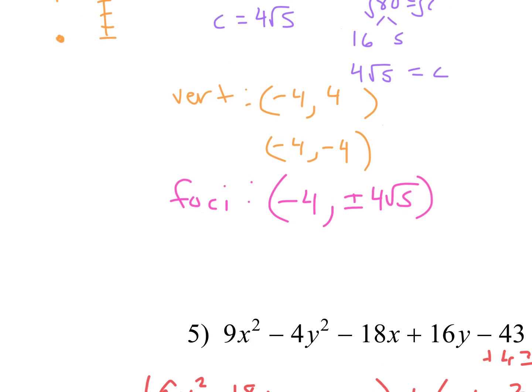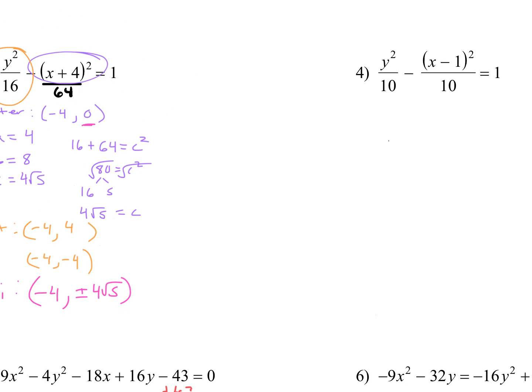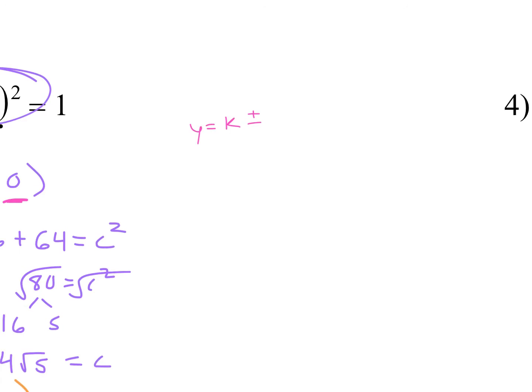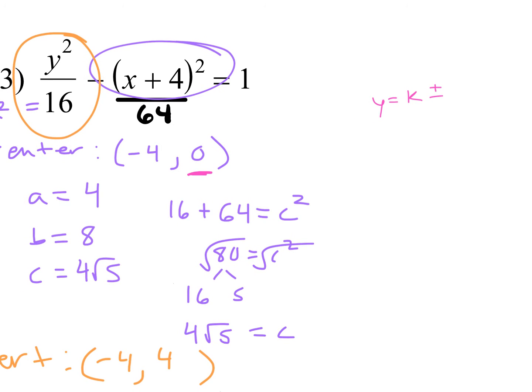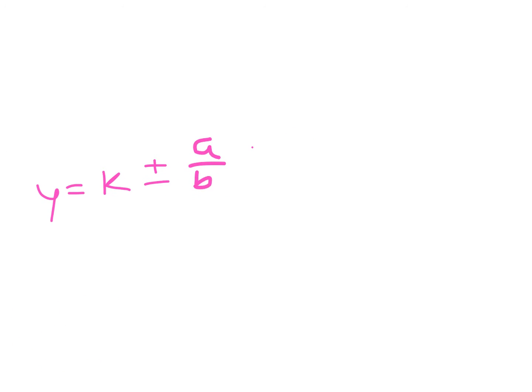So our formula for our asymptotes, I'm running out of space here. That would be y is equal to k plus or minus. Is this one a over b or b over a? A over b, because the y comes first. So a over b times x minus h.